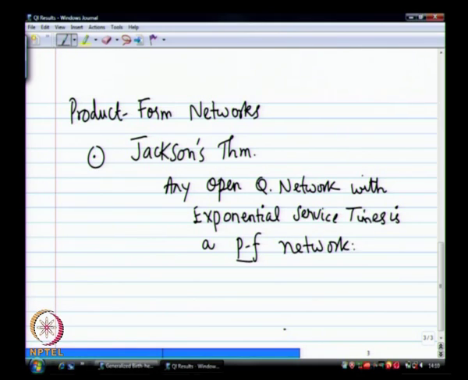That is one of the classic results in the 60s and 70s, and then there are a few more results. This is 1963 if you are interested. And then there was another theorem by Gordon-Newell.